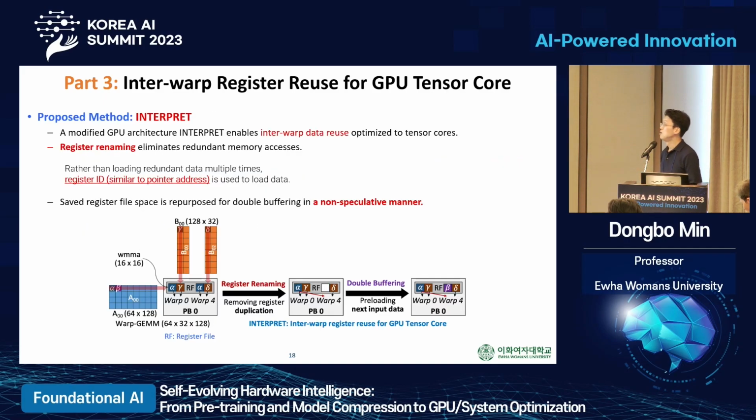This is why we propose a new technique called interpret, and we modify the GPU architecture by using register renaming. The idea is very simple. Rather than loading redundant data multiple times, just use a register ID, which is very similar to a pointer address.